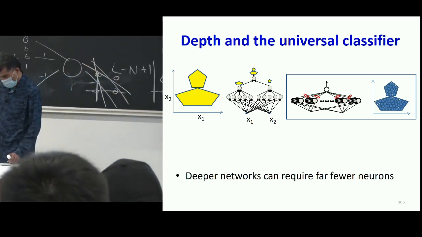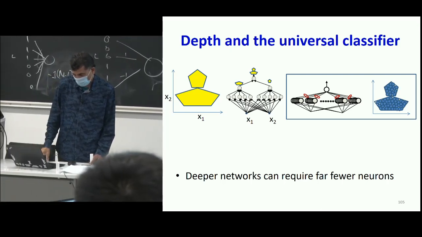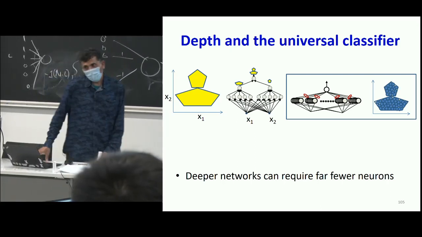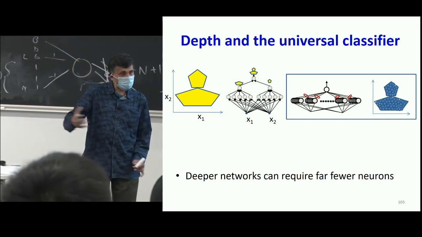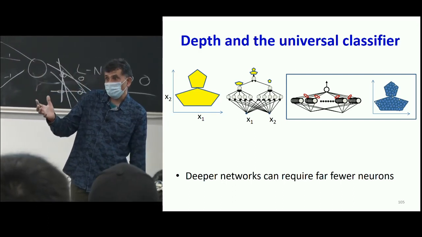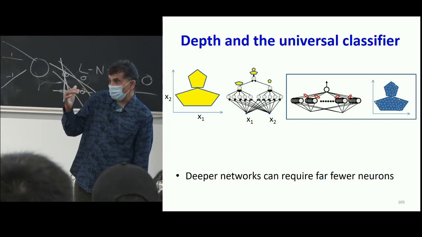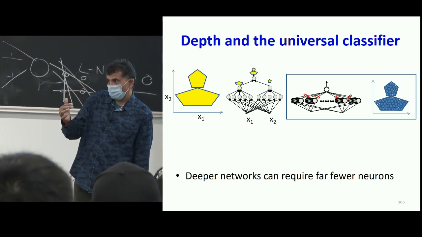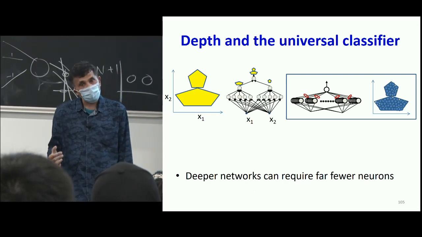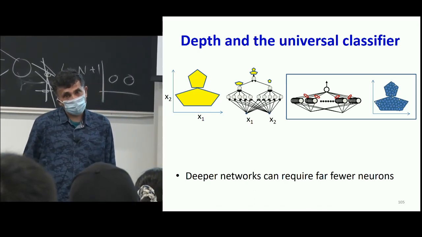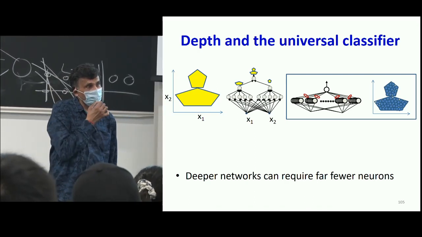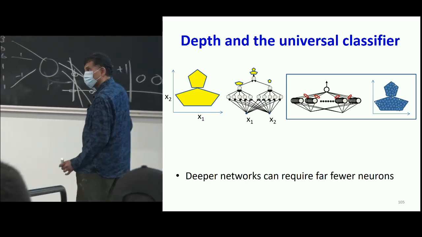And in terms of accuracy, is the infinite 2-layer network 100% accurate? What about the 13 neuron 3-layer network? It's 100% precise, right? So you can see why depth matters yet again.